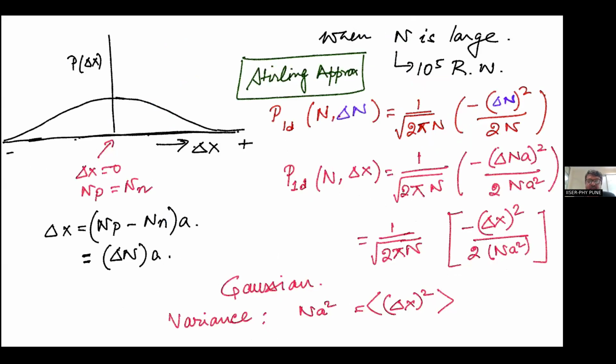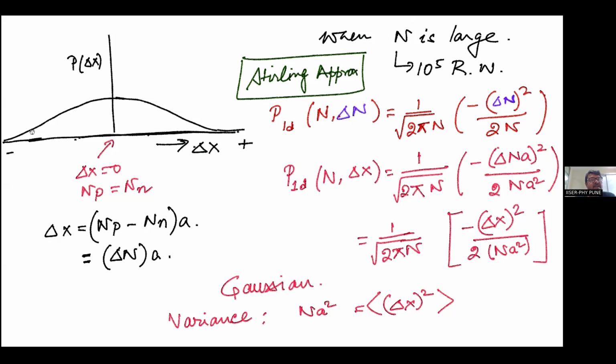So what can be shown? You can already estimate that when displacement is zero, the random walker, the drunk person, has the highest probability of finding himself near the origin, because that's the highest number of random walks he can take, whereas the probability that he will take all steps to the right or all steps to the left is very low.